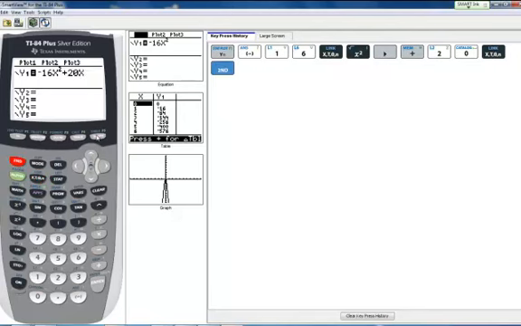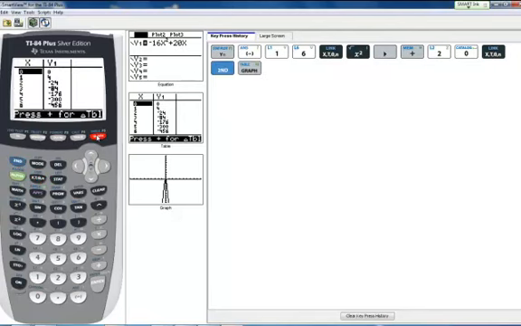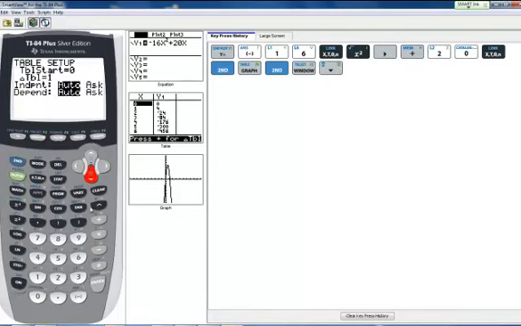So when I go to table, you'll see that the whole jump is already over just after 1. So we have to look at something smaller. If you go to second window, which is table set, you can start at 0 and maybe count by 0.1. That's a good place to start.